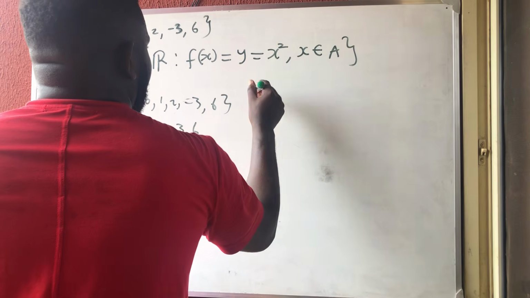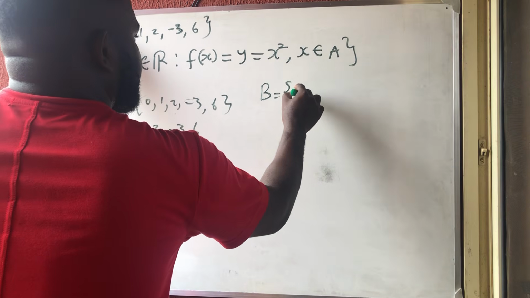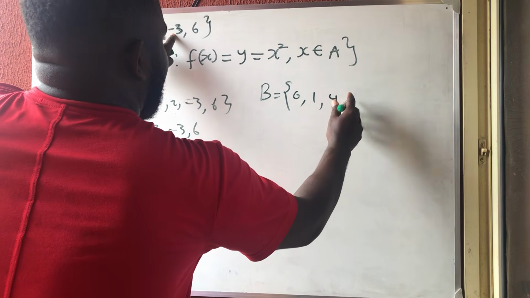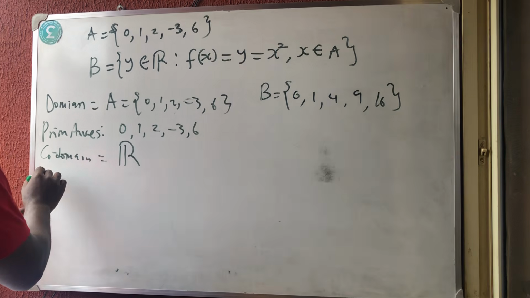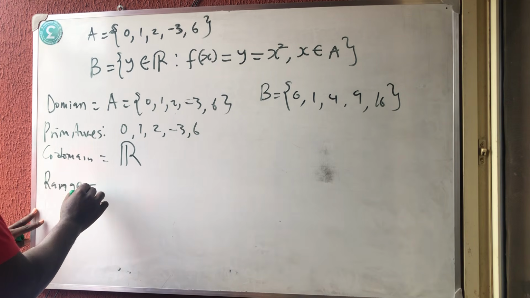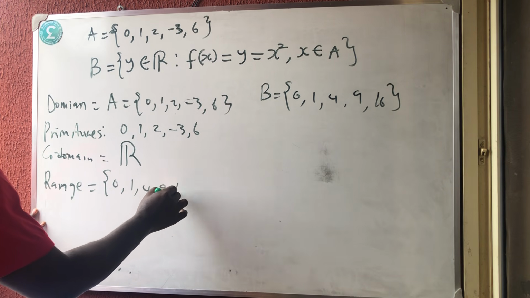Now the domain is the answer we got. So now let's get our B. Our B is equal to 0 squared is 0, 1 squared is 1, 2 squared is 4, 3 squared is 9, and 4 squared is 16. So now you see that my range is now my answer, which is 0, 1, 4, 9, and 16.